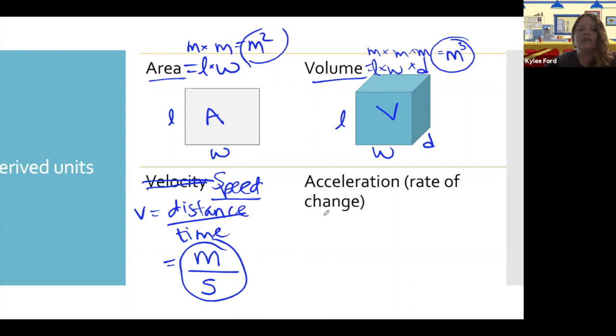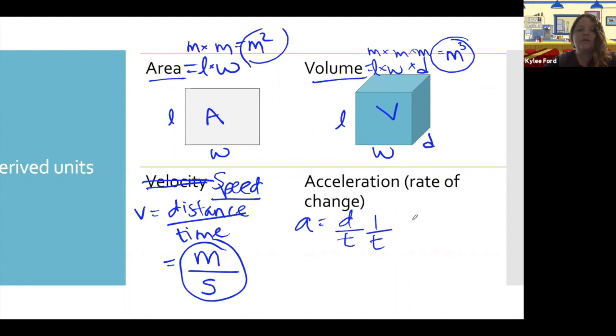Now we have acceleration, which is our rate of change of velocity. So how fast is it changing? Acceleration is going to be a distance over time, and it's a rate of that.